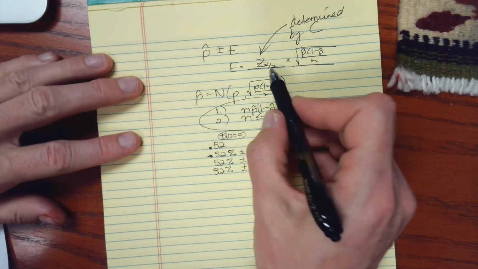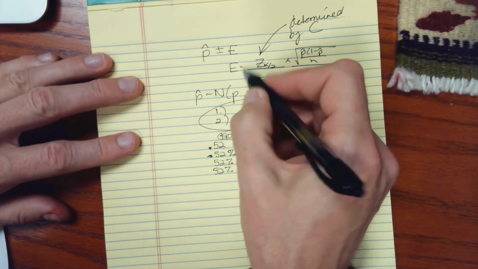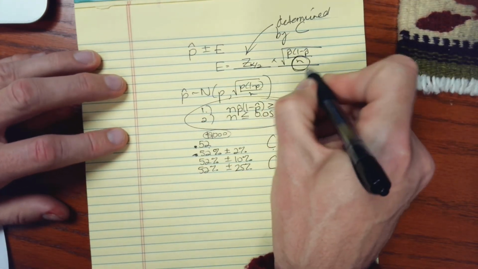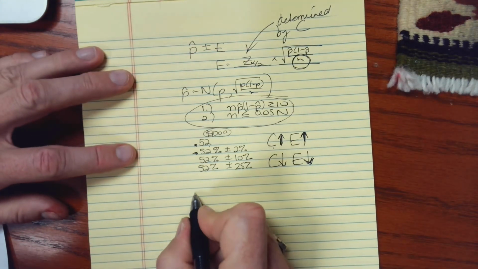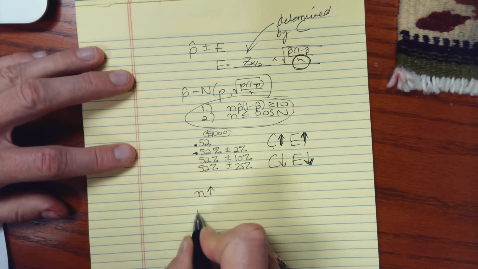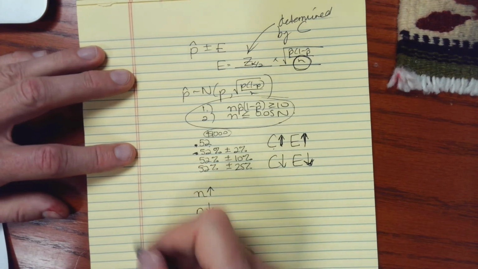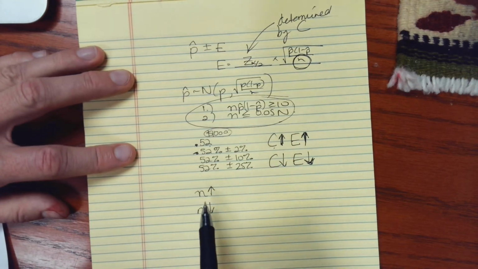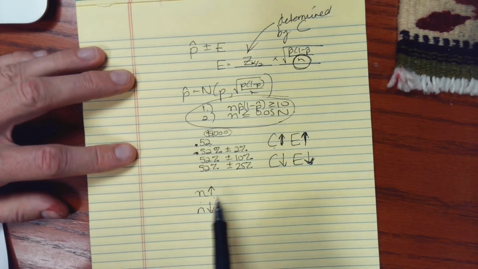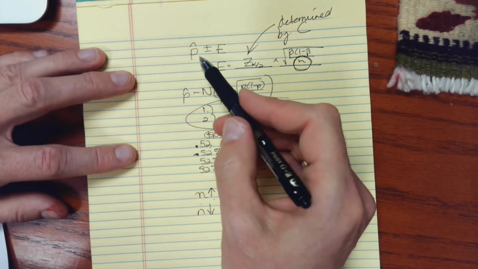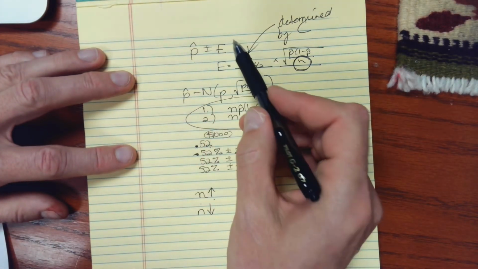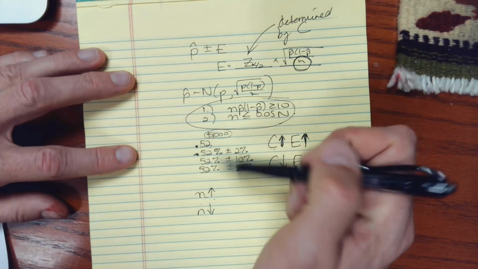Now, there's another element of this that's within our control, and that is the sample size. I want to think about what happens as the sample size goes up or down, everything else held constant. When your sample size goes up, your estimates are going to be more and more accurate. You're going to need less wiggle room to maintain the same confidence.